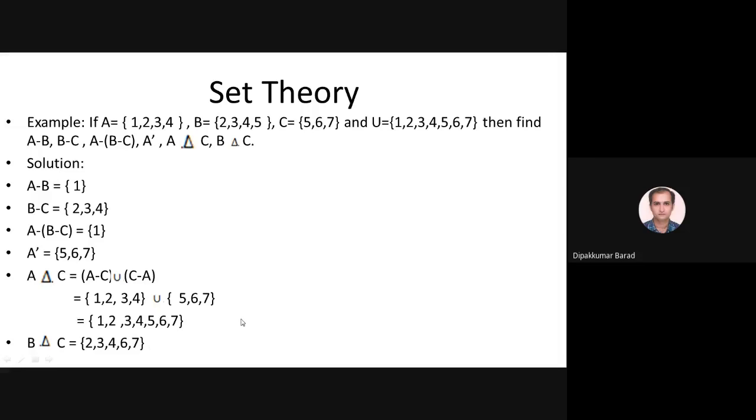For A minus B, the elements 3, 4 are common, so they are removed and I get the singleton {1}. For B minus C, 5 is the common element, so it is removed from B and we get {2, 3, 4}.